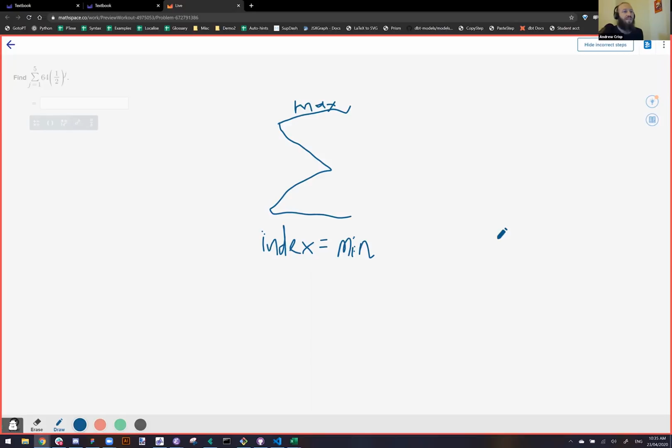What have we got in this question? I'm going to change colors. I'm going to draw it a little bit smaller this time. Sum j equals 1 to 5. This is telling us that in what follows, j is the index.